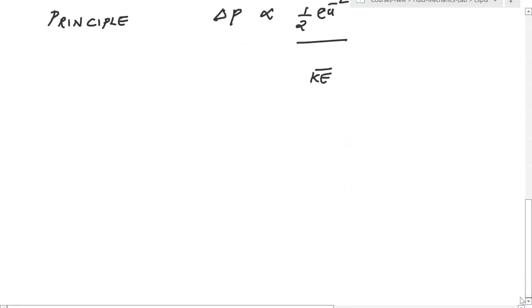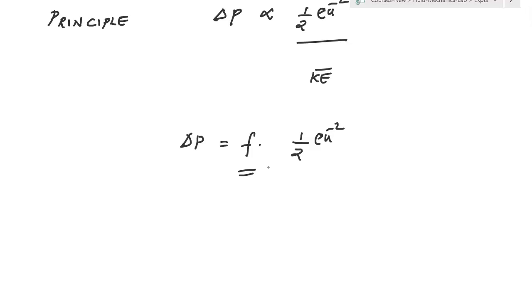So that means there is a proportionality factor times the mean kinetic energy of the flow. This proportionality factor, you might have rightly guessed by now, is also called the friction factor when it comes to flow through pipe systems. In fittings, you might have heard this as loss coefficient.